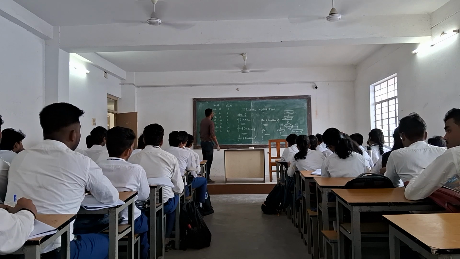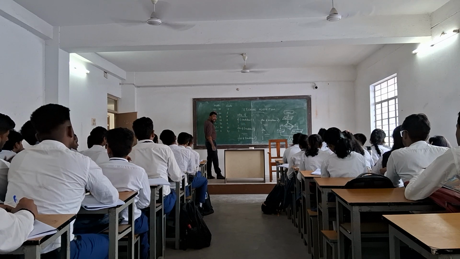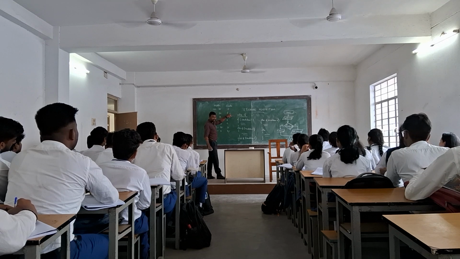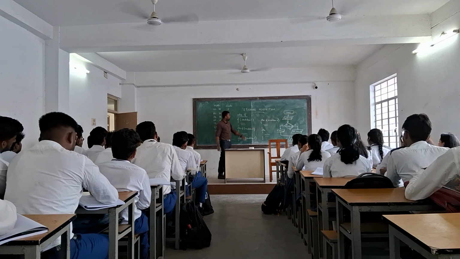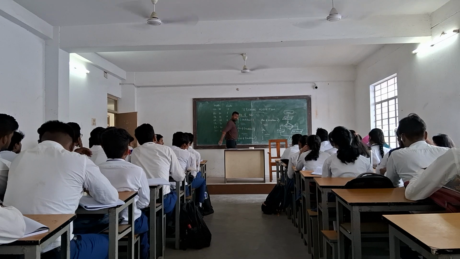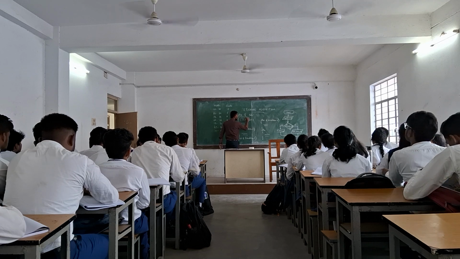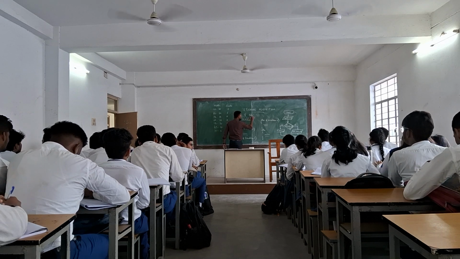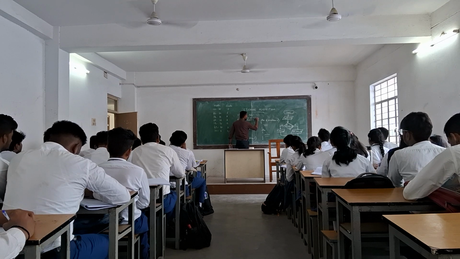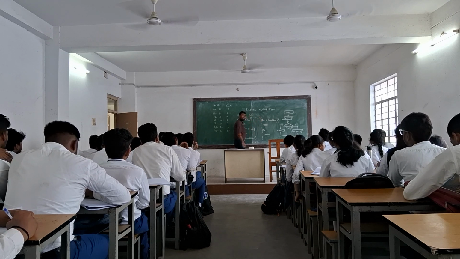Clear? Here I will write what? Suppose my input is marks. So the condition will be: marks is less than or equal to 100 and, this is the logical and, marks is greater than or equal to 90.